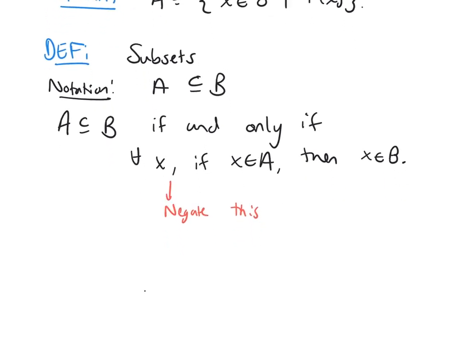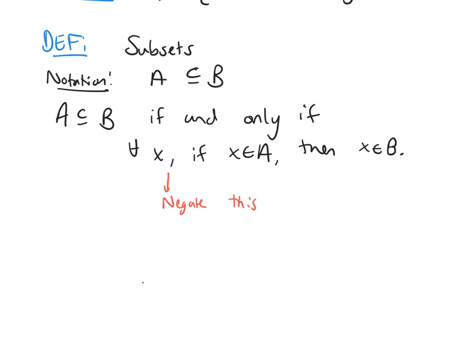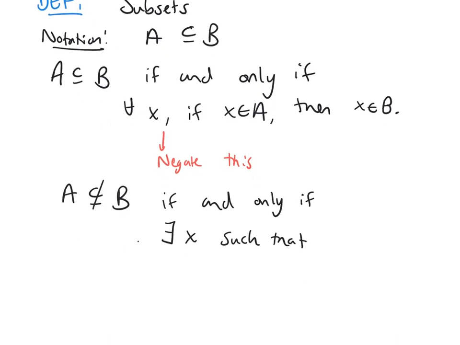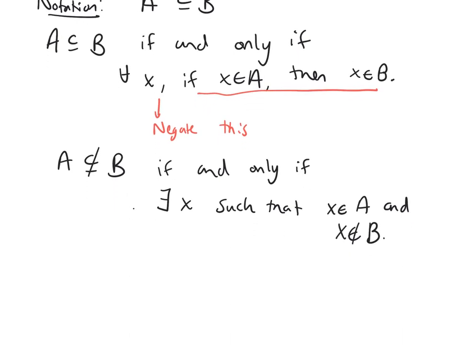So A is not a subset of B, where you use a line through the symbol, if and only if, we negate the for all: there exists an x such that, and then you have to remember how to negate these conditional statements. So the negation would be x is in A and x is not in B. So there's an element of A that is not in B.